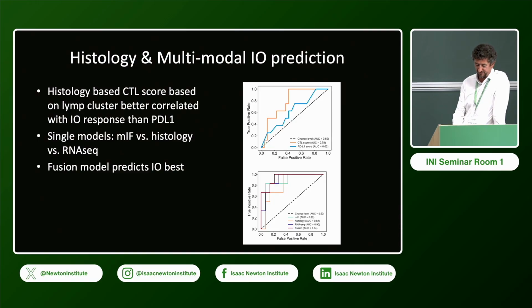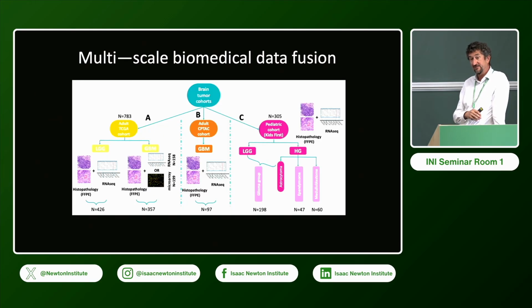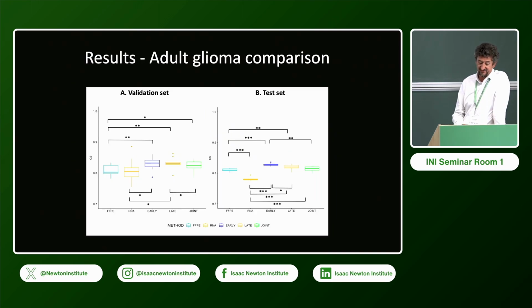And also in the context of adult and pediatric brain tumors, we've developed a framework to combine RNA sequencing and digital pathology data, and essentially showing that fusion of these different modalities results in a better performance for predicting prognosis.